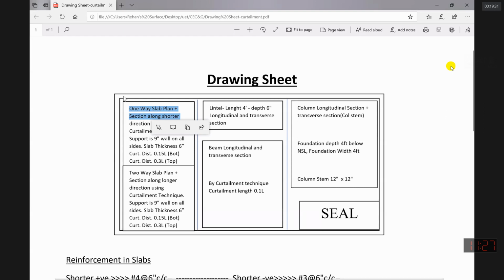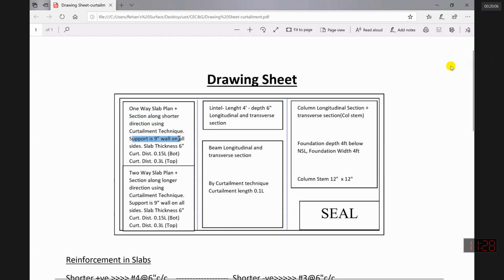Now, if supports are available on all four sides, then depending upon the dimensions of the slab, we would characterize them as one way or two way. If the ratio of longer to shorter dimension is equal to or greater than 2, it would be one way. If it is less than 2, it would be a two-way slab, right?